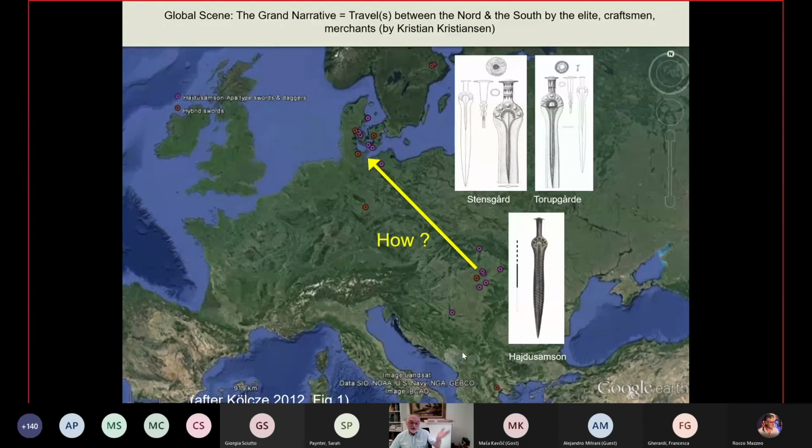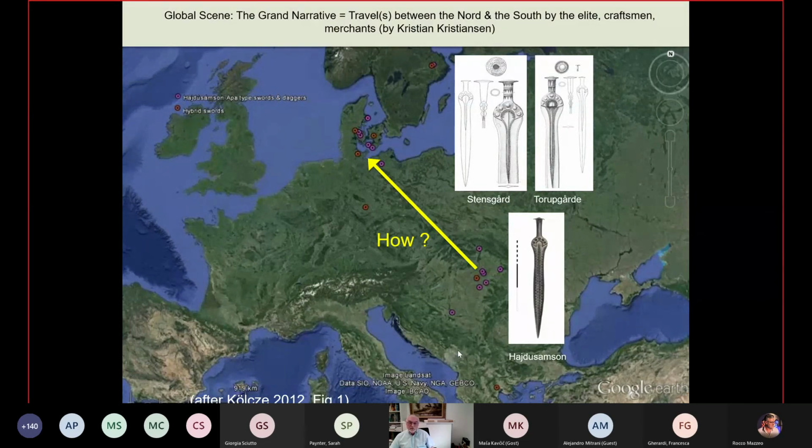And it was already known that the types that originated probably in the Carpathian Basin were also found in Scandinavia, here in Denmark, and in southern Sweden. And the question was always, was this transferred directly with the metal produced here?